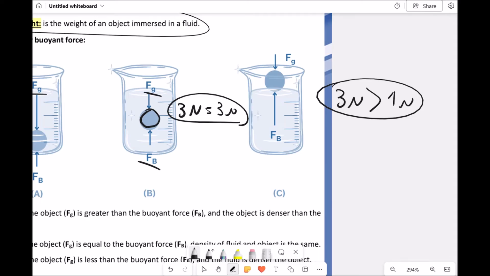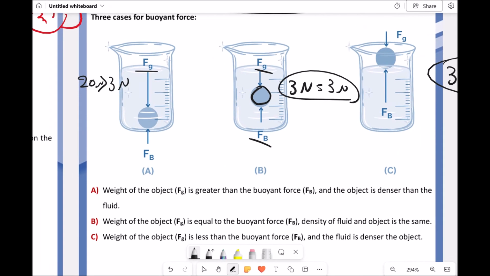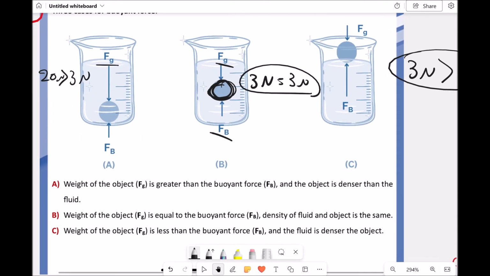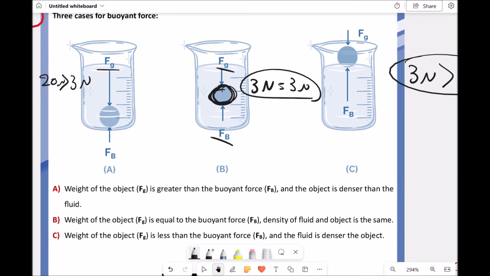Or you can relate that to density: in the first case, if the density of the object is greater than the density of the liquid, then the object is going to sink. If the density of the object is equal to the density of the liquid, then it's going to stand in the water, like this, okay? If the density of the object is less than the density of water, then it's going to float on top of the surface of the water. Like, for example, a sponge or a paper is going to float on the surface of the water.